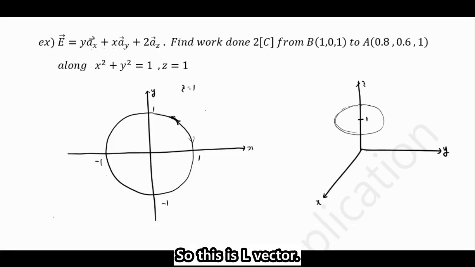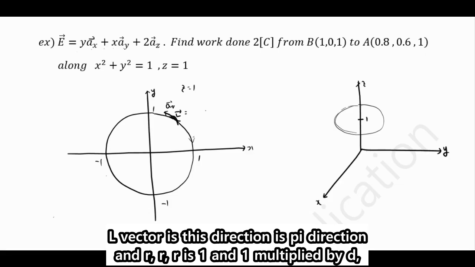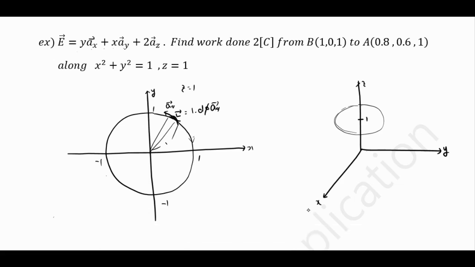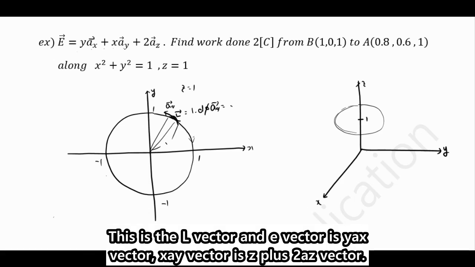So this is the L vector. The L vector is in the phi direction, and rho is 1, so 1 multiplied by d phi a phi vector. And the E vector is y ax vector, x ay vector, z plus 2 az vector.